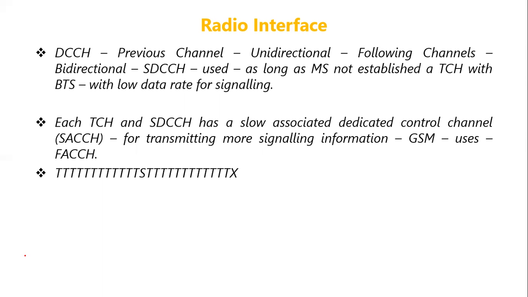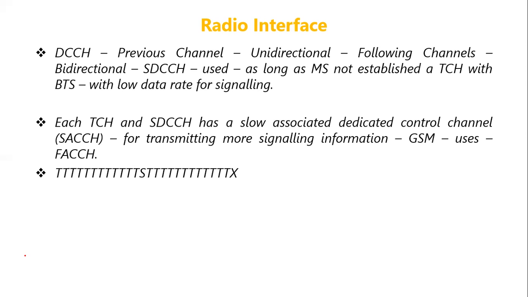So previously I said, if the connection is failed, then the BTS will use the AGCH to signal the MS to use the TCH or SDCCH for further connection setup.